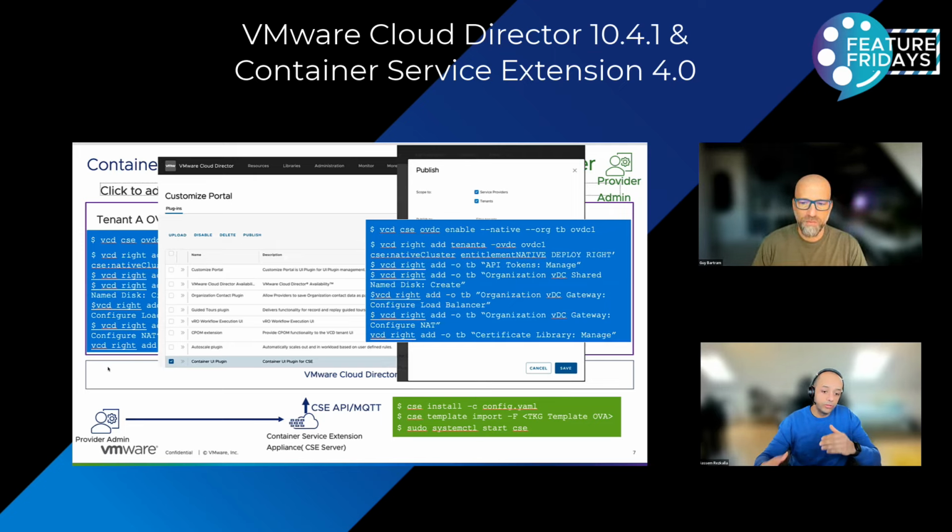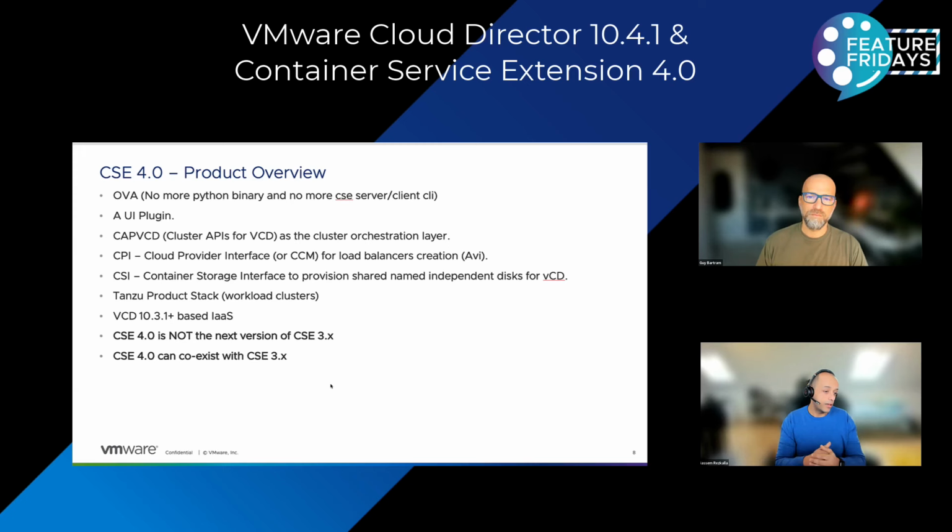So you create, and we'll see this in the demo lab, just a tenant for your CSE. You create a vApp, roll out the vApp template from the OVA, and then it gets integrated with your Cloud Director. That takes care of all the hassle of setting up the server component and the CLIs. You don't use the VCD CLI at all with CSE 4.0.